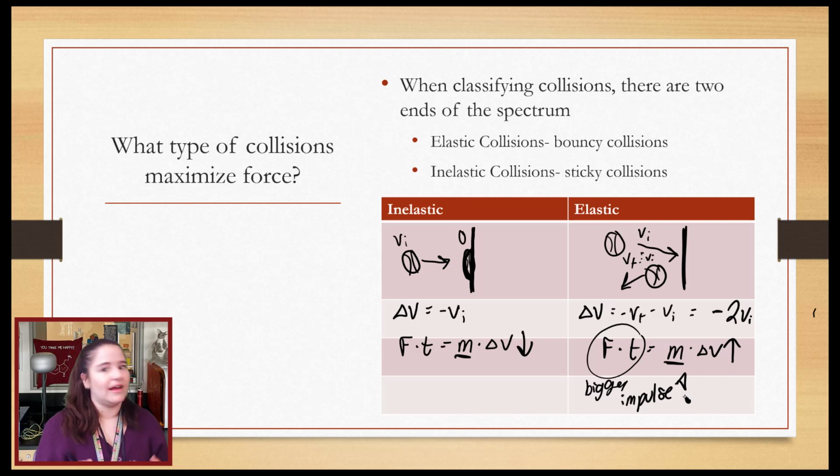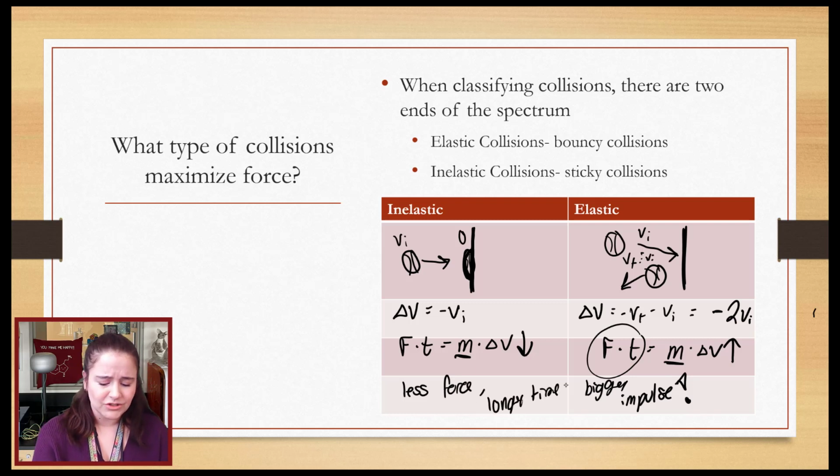Which, if they are on the wall for the same amount of time, means the inelastic collision will have less force. Yes, that force will be over a longer period of time, which also tends to make that force less, because if you have the same change in momentum and a longer amount of time, you can use less force. That make sense? Okay, cool.